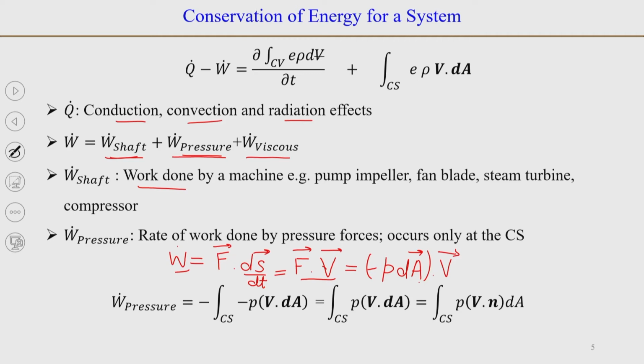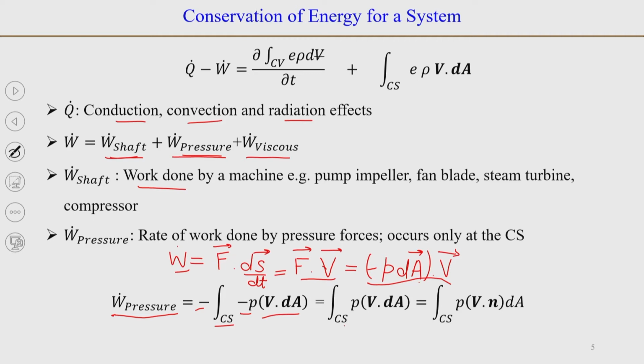So, this is the work done by the pressure force, whereas in our formulation we have work done by the system. So, the rate of work due to the pressure force will be minus 1 times the integral over the control surface of this force: minus P v dot dA. We can write dA dot v equal to v dot dA, so minus minus will cancel out.